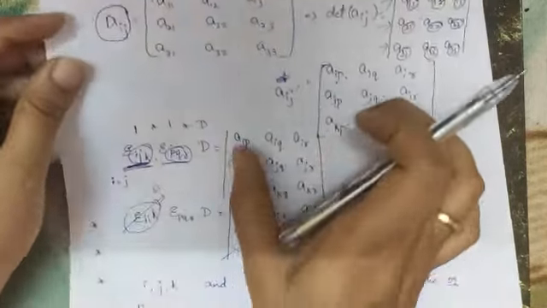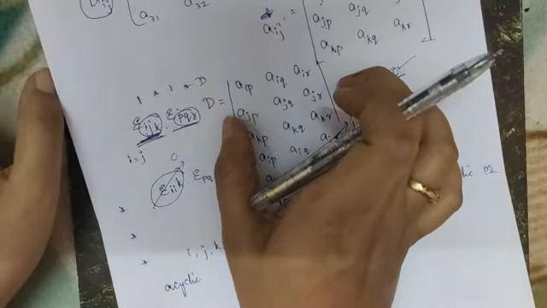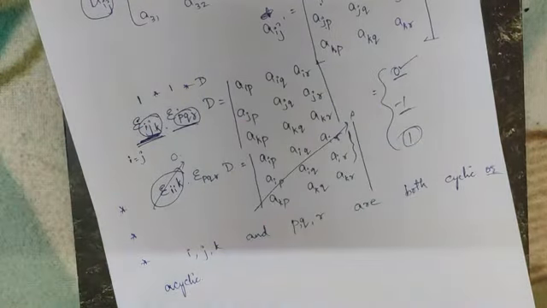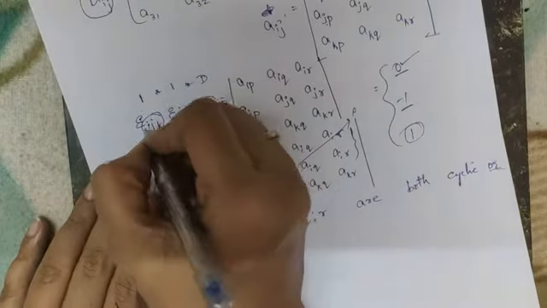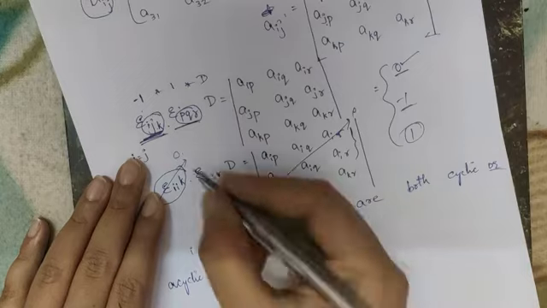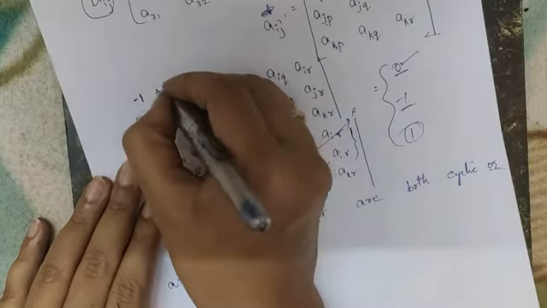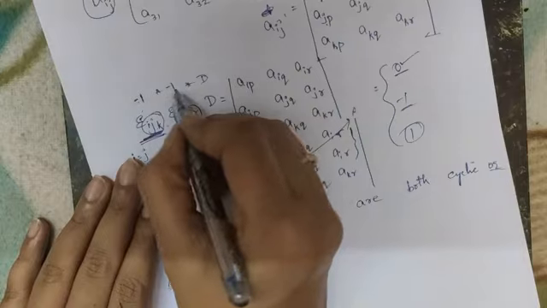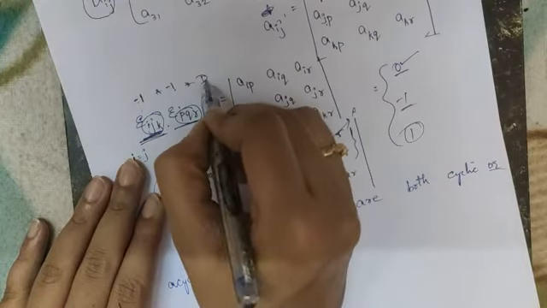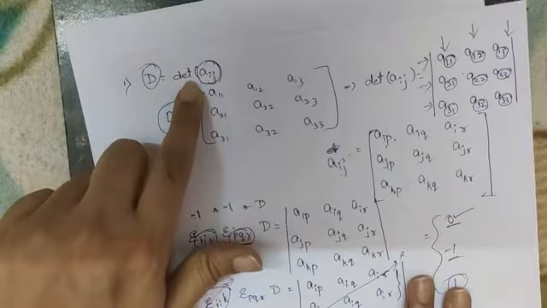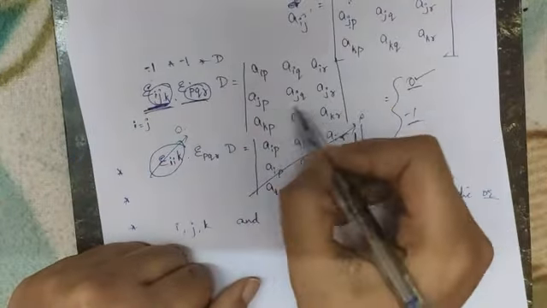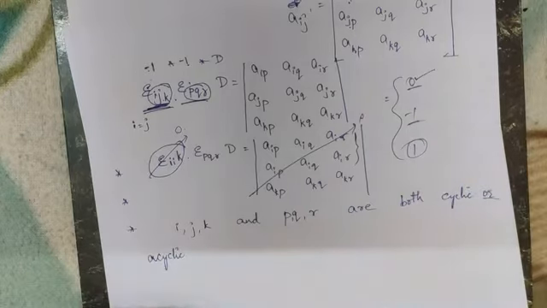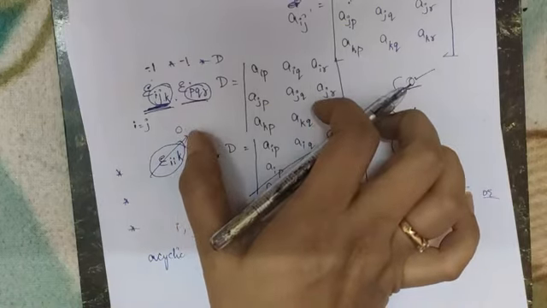So in the RHS part, I have the determinant of Aij. That means LHS is equal to RHS. If ijk and pqr are acyclic, then the value of epsilon ijk will be minus 1. Similarly, the value of epsilon pqr is minus 1. Minus 1 into minus 1 is plus 1. Plus 1 into D is D itself. Again, D is nothing but the determinant of Aij, and in the RHS part, I have the determinant of Aij. So in the case of cyclic or acyclic, the result is verified.